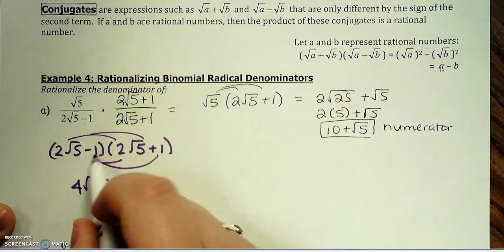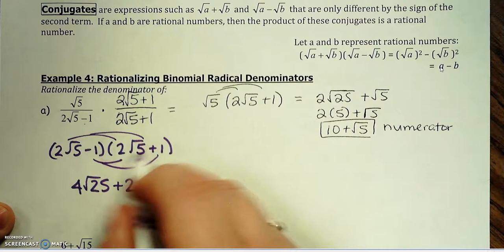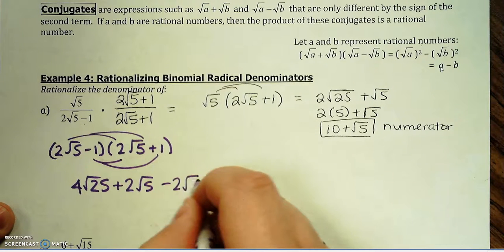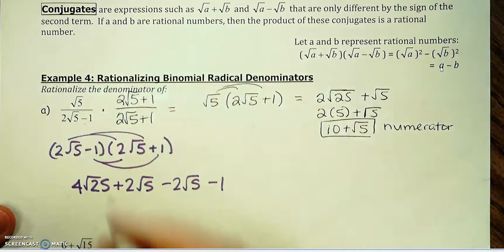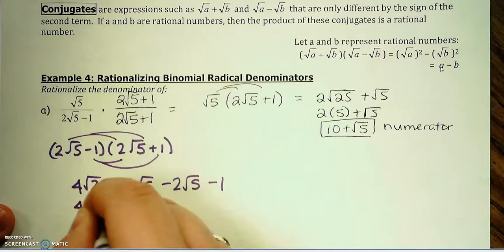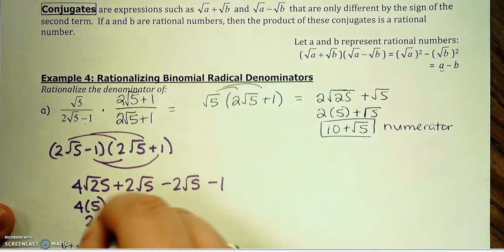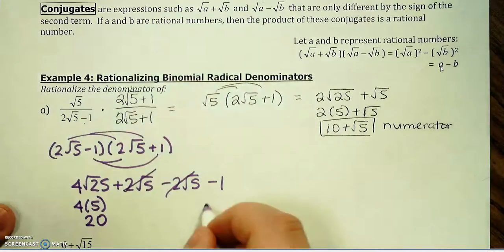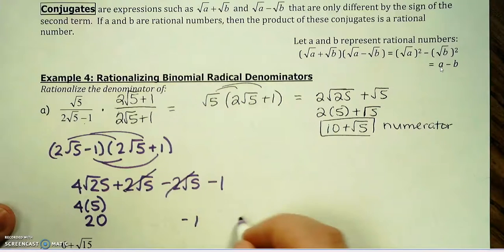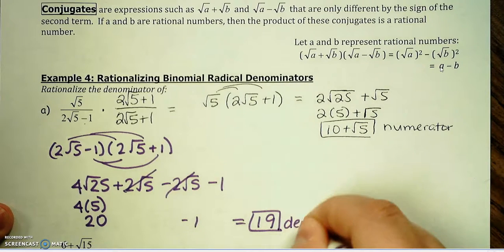And then I'm going to do negative 1 times both of these terms. So minus 2 roots of 5, and then 1 times 1 is 1. This will be minus 1. So this is really 4 times 5, which is 20. These terms should cancel out, and then you have this minus 1 down here. So in total, this is your denominator.